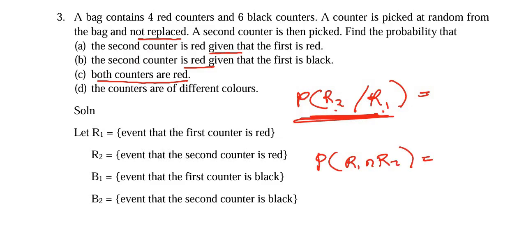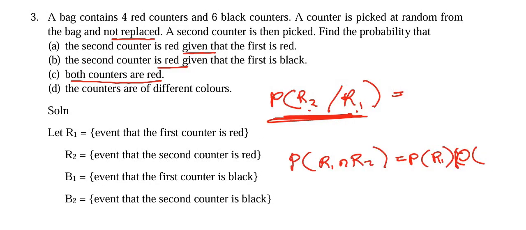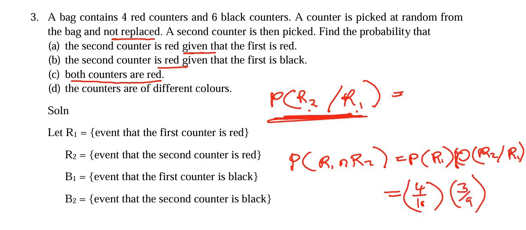So this is going to be the probability of you picking a first red ball and also picking the second red ball, given that the first one is also red. The probability of you picking a red one at first is 4 over 10. The probability of you picking a second red counter when the first one was also red is 3 over 9, which is 1 over 3.